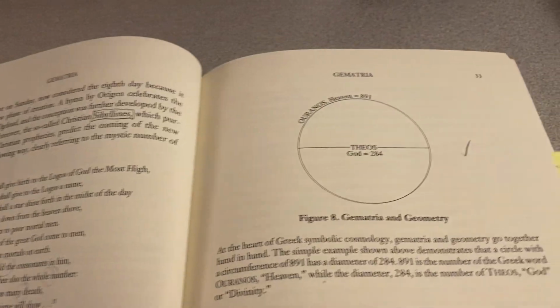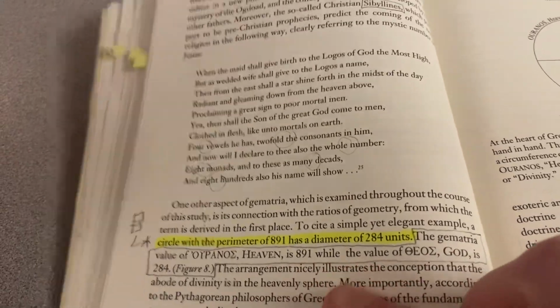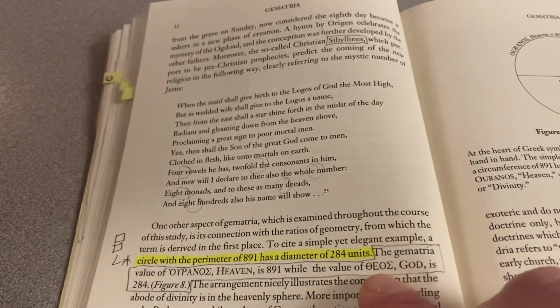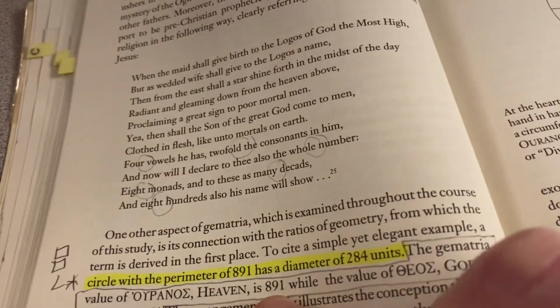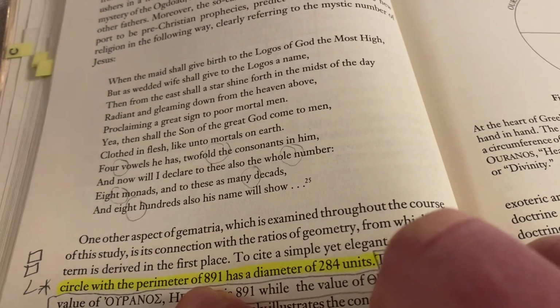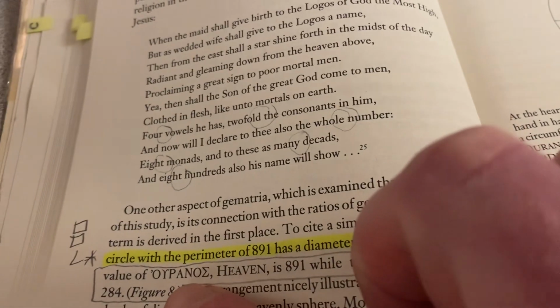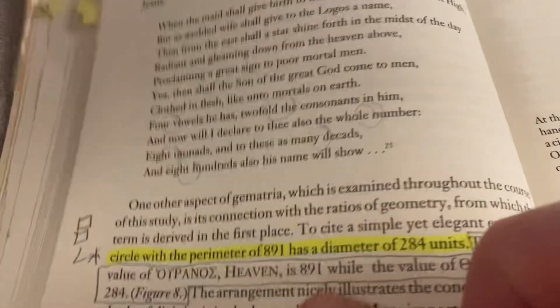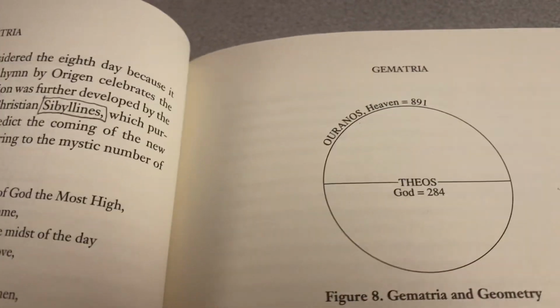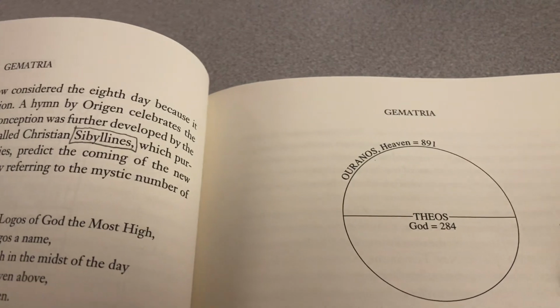He talks about circle diameter isopsephy. For example, he notes that Theos has an alphanumeric value of 284, and that this corresponds to the diameter of a circle with a perimeter of 891, which equals heaven, or Ouranos in Greek. So here we see the Theos, and this is the diameter of the circle.